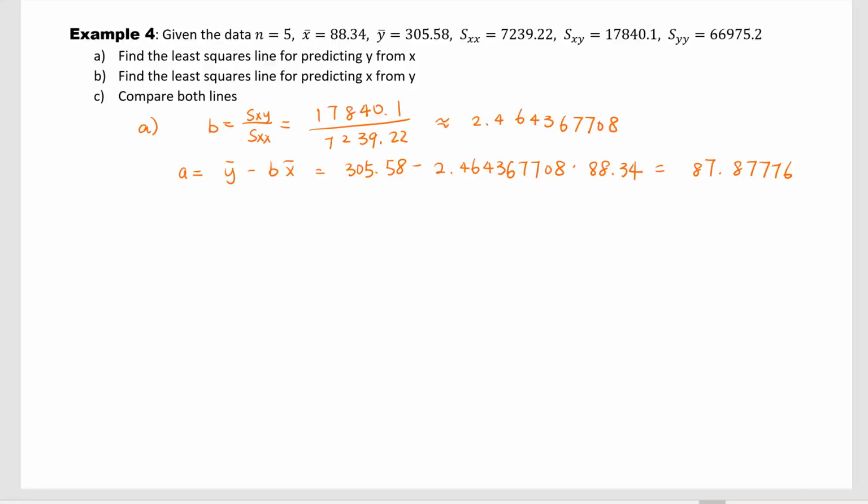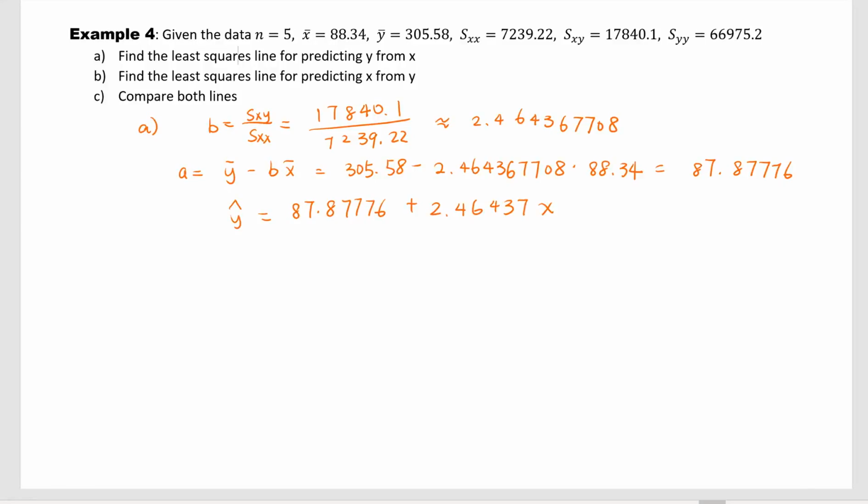So my regression line y hat is a plus bx, which is 87.87776 plus 2.46437x, to 5 decimal places. So that is the regression line.